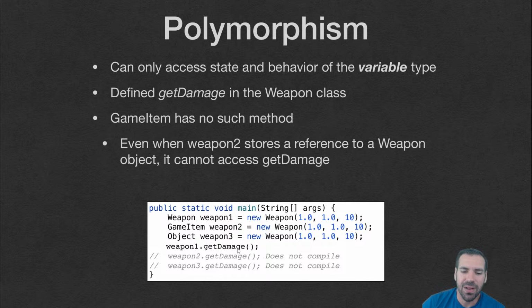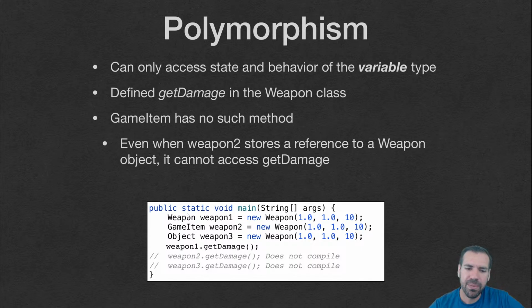Get damage, if you recall, is a method that we defined in the weapon class. It was not inherited from game item. So game item does not have a get damage method, and object certainly doesn't have a get damage method. Object has toString, equals, hash code, and a couple others. Definitely no get damage method. That'd be weird to give every object in Java a get damage method.